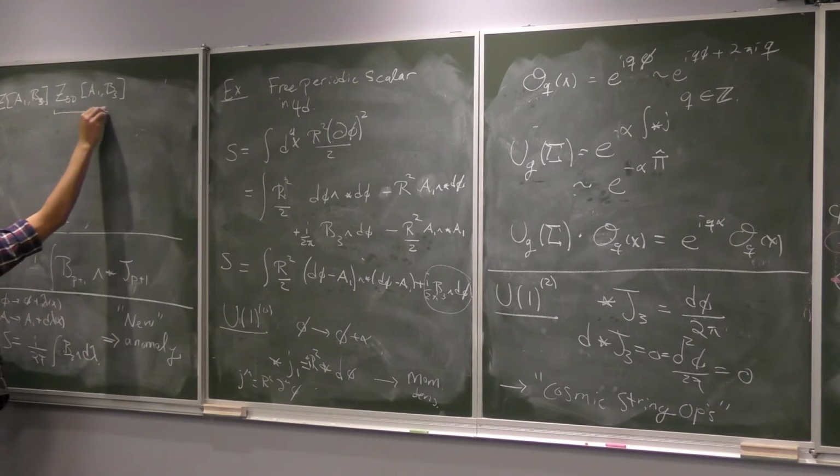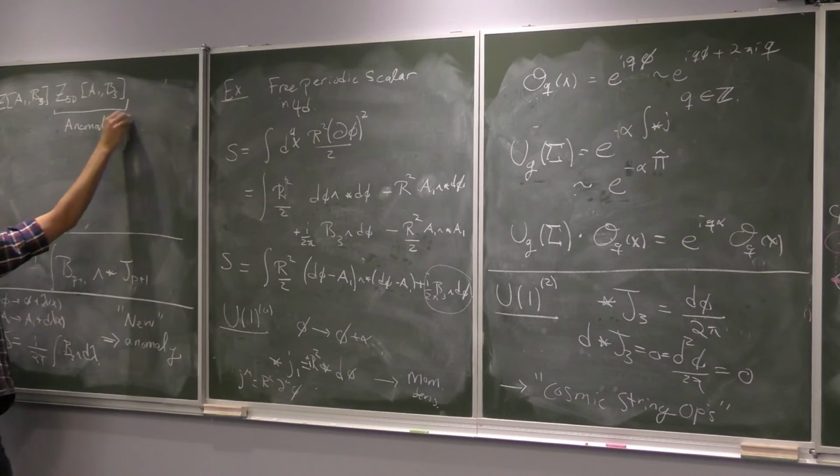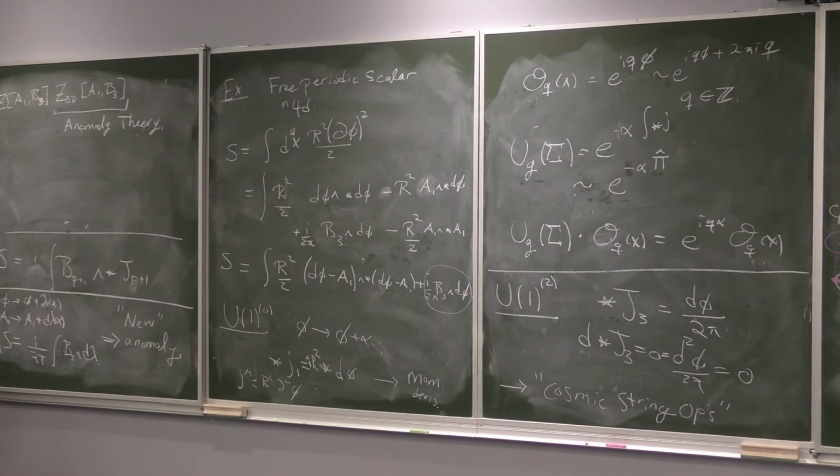So this 5D theory is what we often call the anomaly theory. And you can use it to characterize all of the anomalies in your theory. Here, this Z5D we can write as e to the i over 2 pi B3 wedge dB3 wedge A1, because it's invariant under the gauge transformations of B3, but it's not invariant under the gauge transformations of A1.